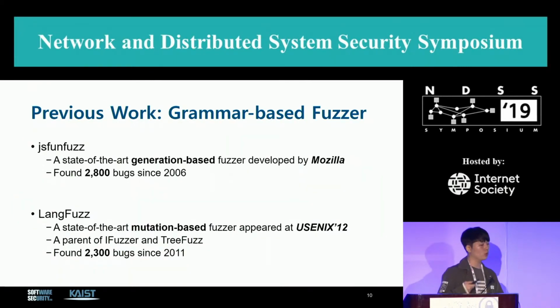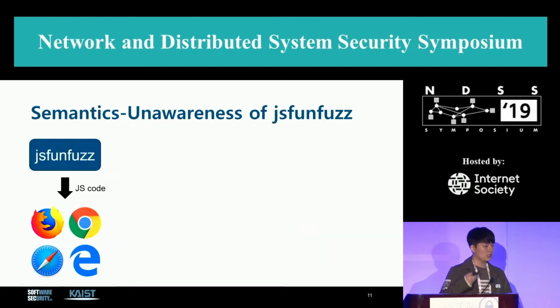Let me give you a more concrete example. We studied two of the most successful JavaScript engine fuzzers, jsfunfuzz and LangFuzz. Both tools were developed and maintained by Mozilla, and they found more than 5,000 bugs in major JavaScript engines. The first one is jsfunfuzz, which generates JavaScript code snippets with predefined JavaScript generation rules.